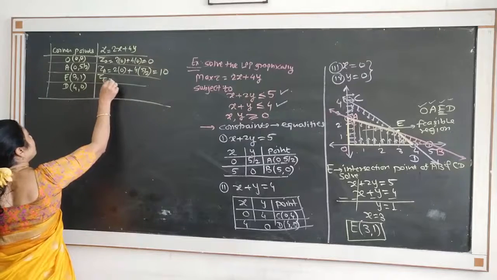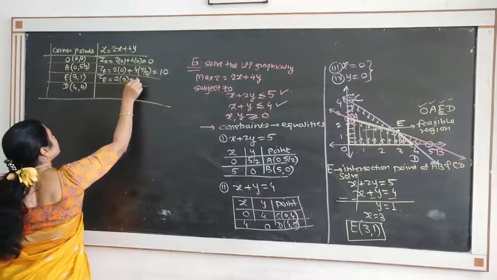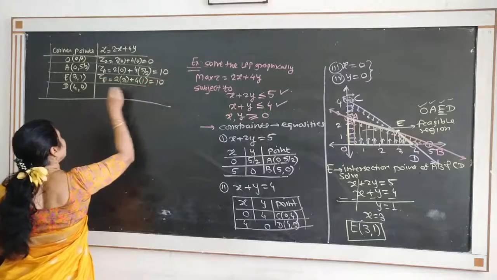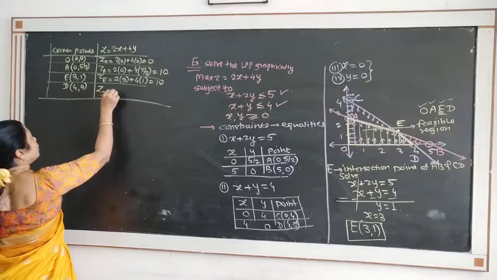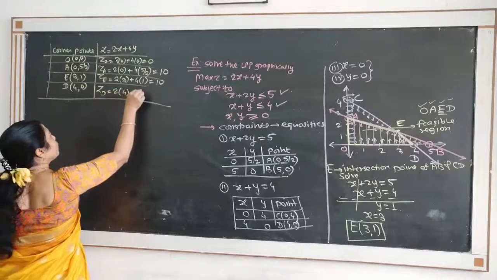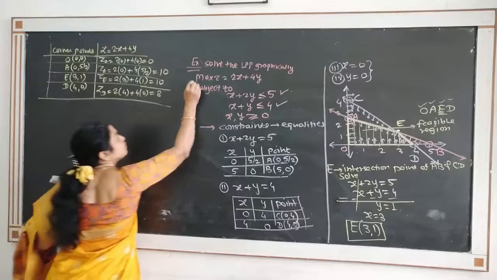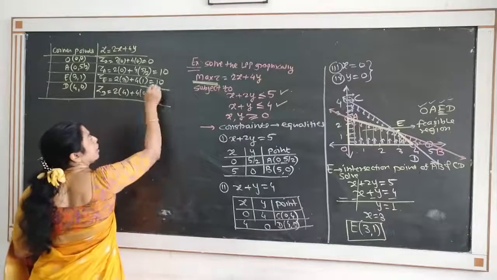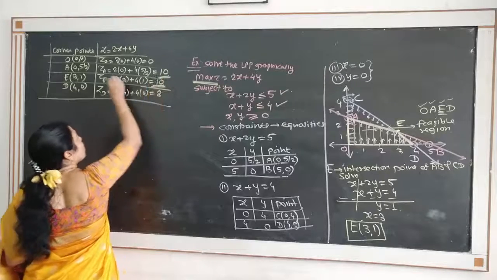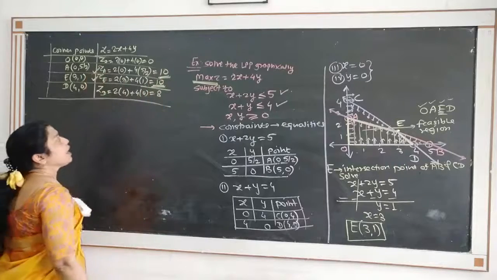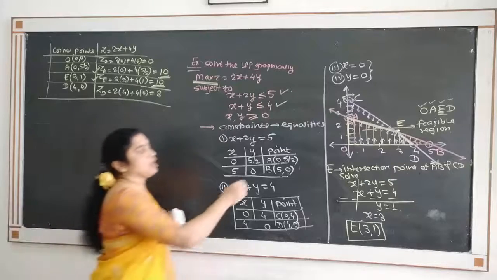Z at E point, 2 into 3 plus 4 into 1, 10. And Z at D point, 2 into 4 plus 4 into 0, 8. Observe that the maximum value of Z is 10 and it occurs at 2 points, A and E.